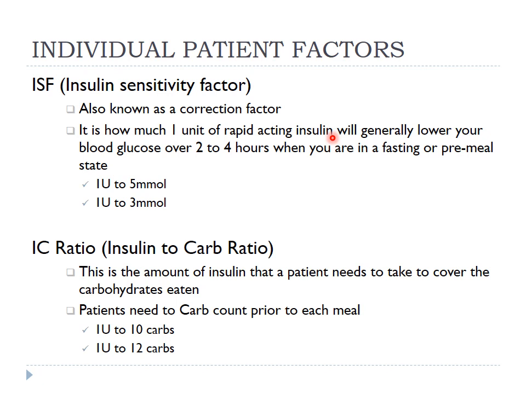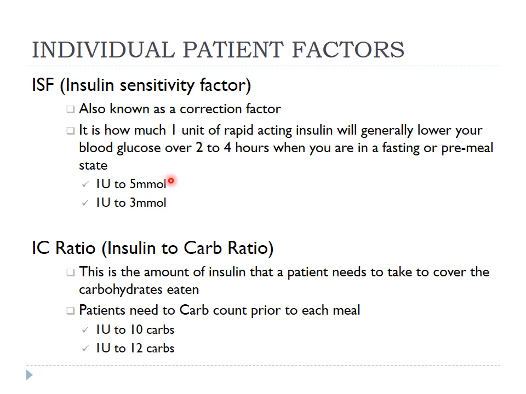So this is an example that you could have for somebody. My insulin sensitivity factor means that 1 unit will bring my blood sugar down 5 millimoles within 2 to 4 hours. Or 1 unit will bring my sugars down 3 millimoles within the next 2 to 4 hours.